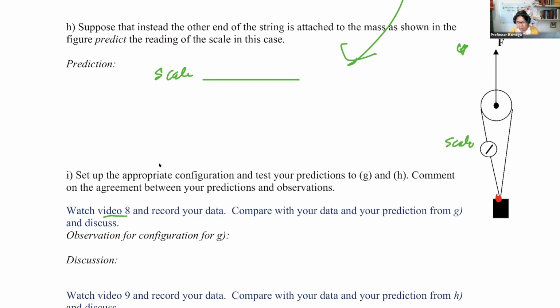And video 8 is to record your data, your observation for configuration G. So you're going to see what the scale, F1 and F2 read.